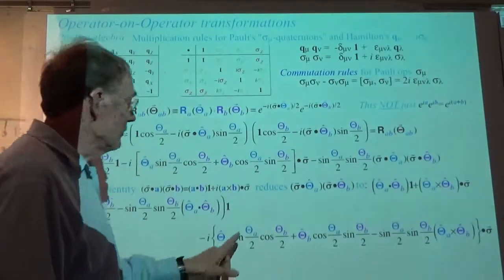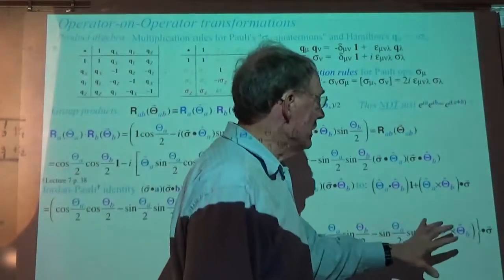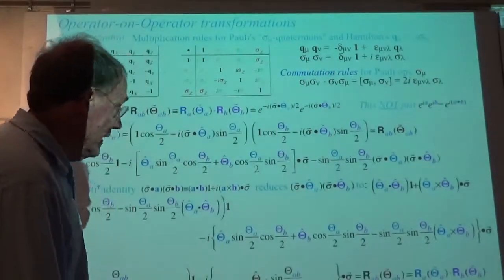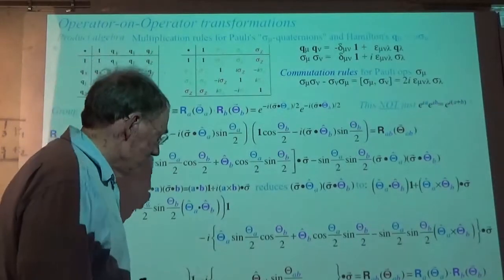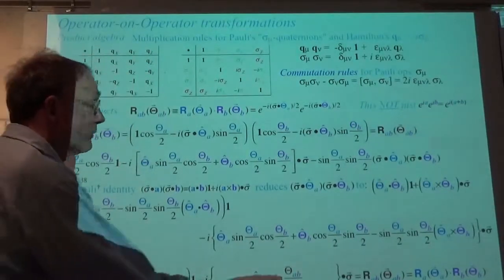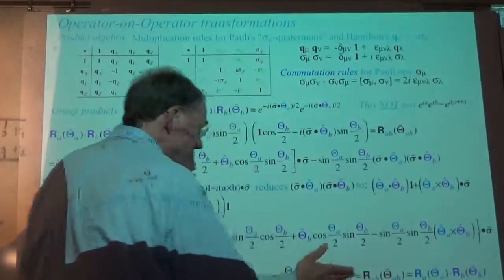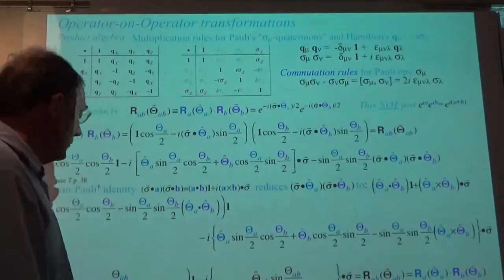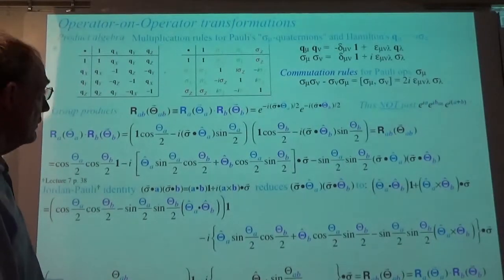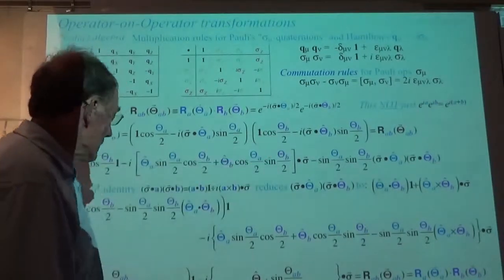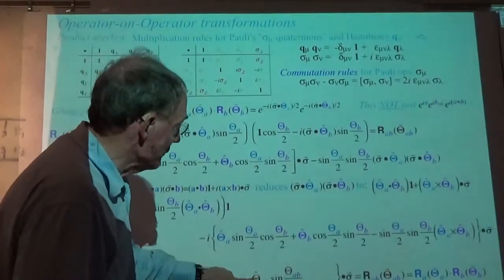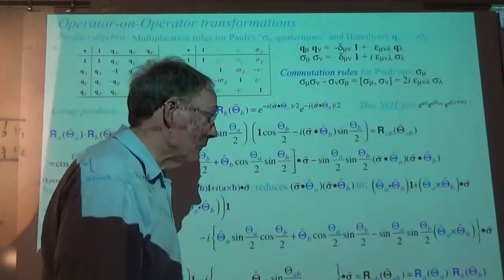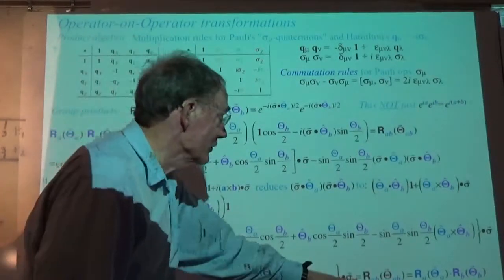So here are three terms making a vector to dot sigma, and we're going to match that with the crazy form for our product. This is the answer right here. The product comes out to be a cosine of some angle over 2. This is just a crazy thing being mimicked again, and then a vector times the sine of the crazy thing. You see, that vector being the vector that's multiplying the sigmas. There's the sigma.